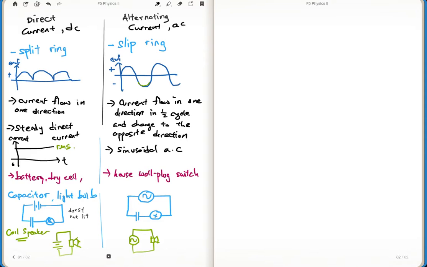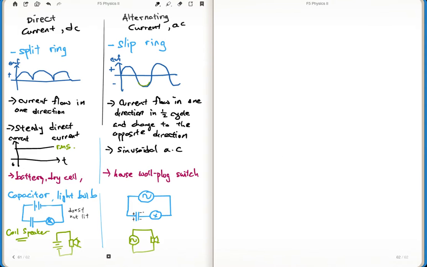Now, what happens with alternating current? This is the sinusoidal symbol for alternating current. The parallel lines mean a capacitor. Now, the first half cycle is positive. Then it will induce the other plate to be negative. In the next half cycle, it changes its sign.